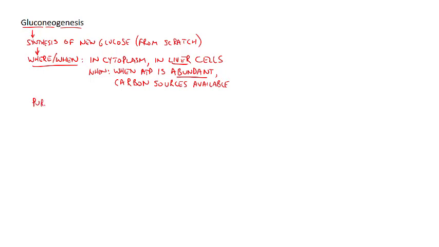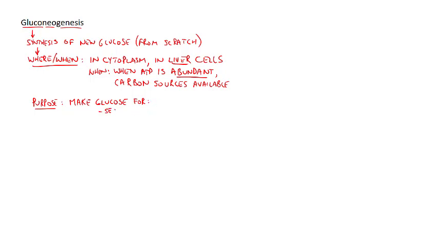All right, the purpose or the goal of gluconeogenesis is, well, we're trying to make glucose, but what's glucose used for? So glucose is a fuel source, right? We're going to use it eventually to do glycolysis and get some ATP. But typically, when gluconeogenesis is running, we don't need glucose right away, at least not in the liver. So typically, the liver is going to do one of two things with the glucose.